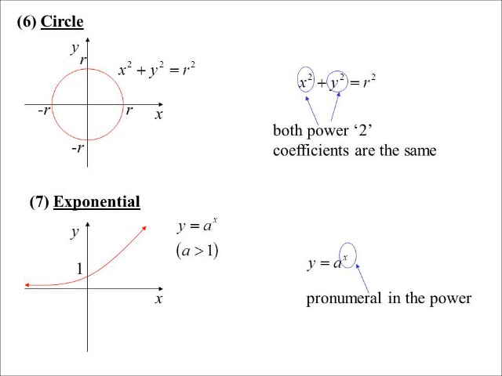You don't worry about 1 to the power of x, because, of course, that's just a straight line, y equals 1. And anything negative is a bit difficult to draw, because if it's an odd power, then it's going to be a negative number. If it's an even power, it's going to be a positive number.